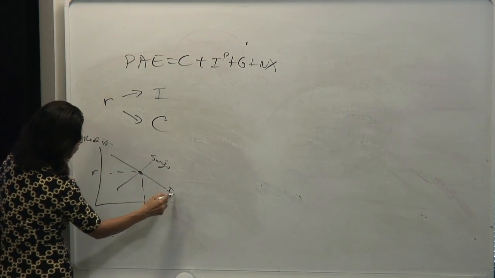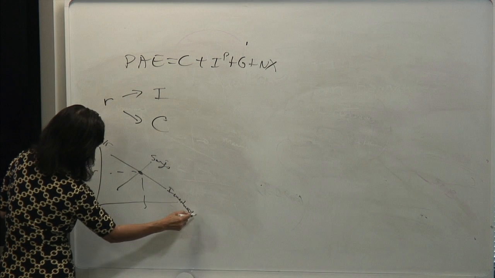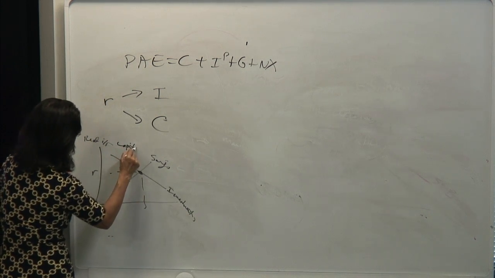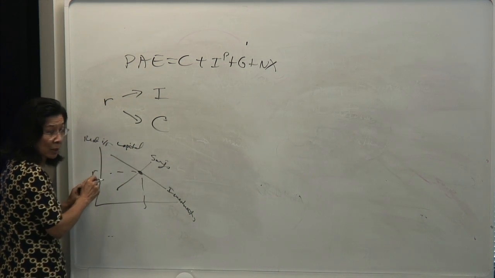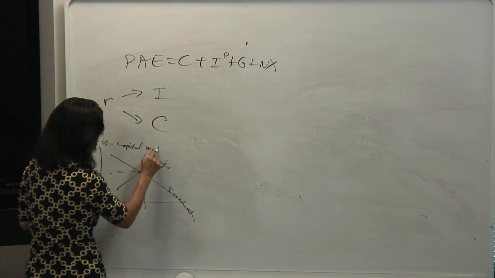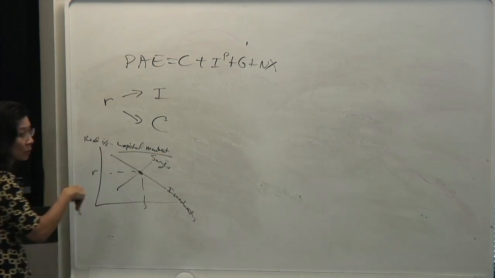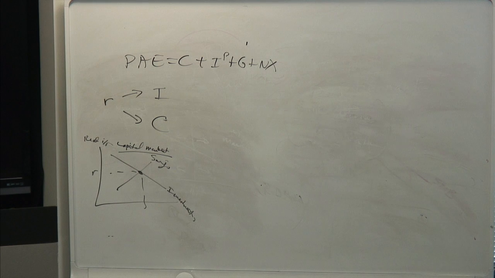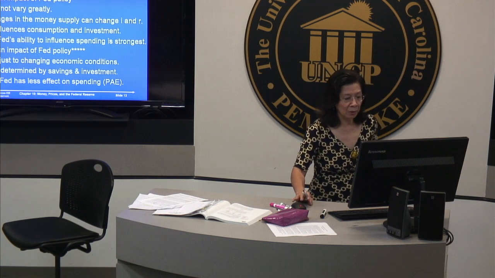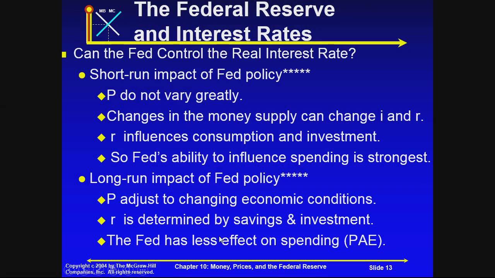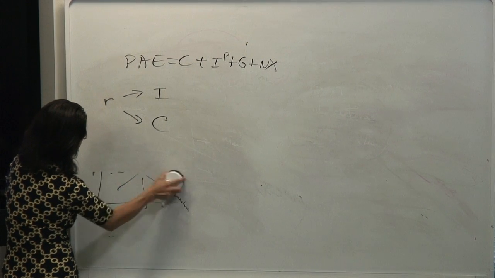For the savings and investment functions, what we call the capital market, your y-axis is the real interest rate. Everybody got it? And the one that I just drew and erased, the y-axis is the nominal interest rate, little i. So the Fed has less effect on spending in the long run, because in the long run, you have to look at this. But nevertheless, let's come back to this very important point.